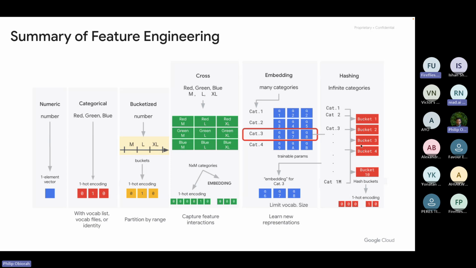Hashing is used for infinite categories, when you don't want to maintain a vocabulary list. It maps input to a fixed number of hash buckets. So this is just what feature engineering looks like, a number of operations that you might do.